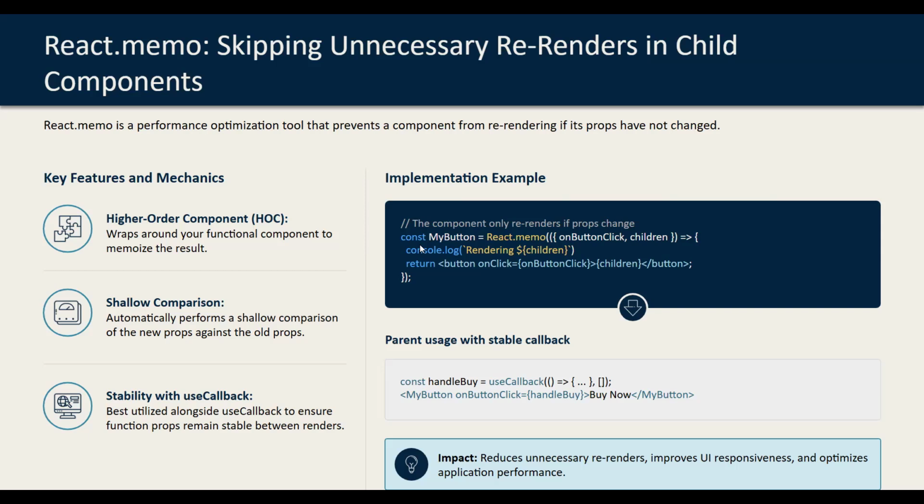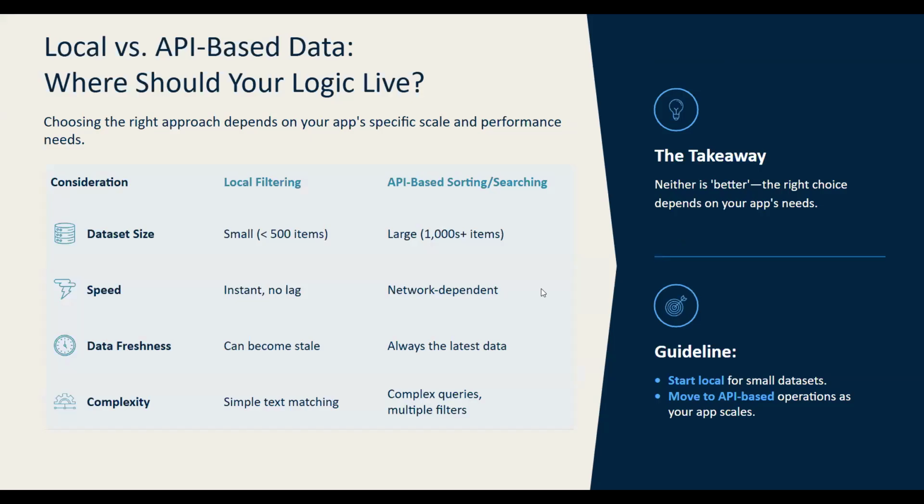So even if you use React.memo, it will not help that much. In this example, the button would only re-render if certain properties change, and this is one example of how this particular hook can be used.